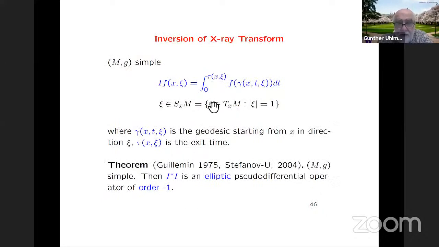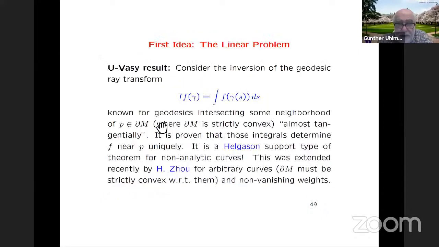Okay, so this is known for geodesics intersecting some neighborhood of the point P almost tangentially. So these geodesics known in here, these points, if this is a very small neighborhood, they are almost parallel to the tangent. Almost, not necessarily.